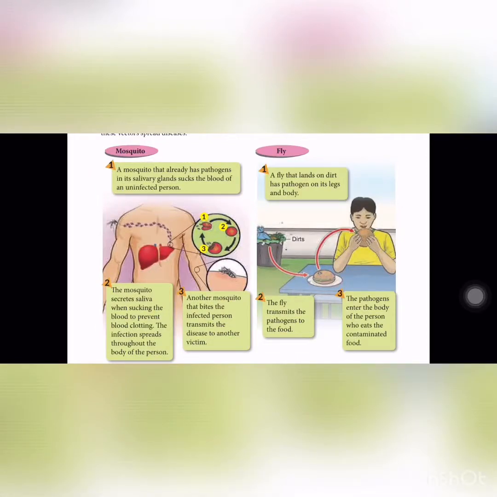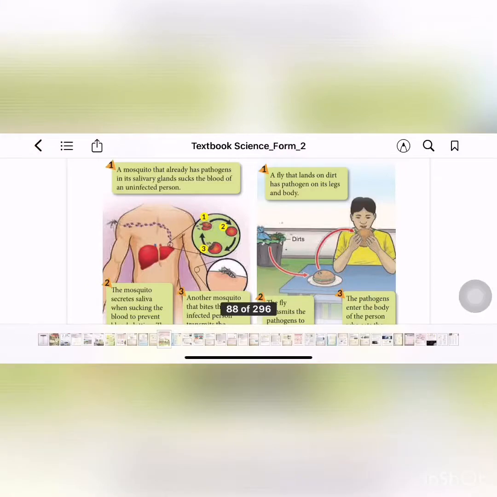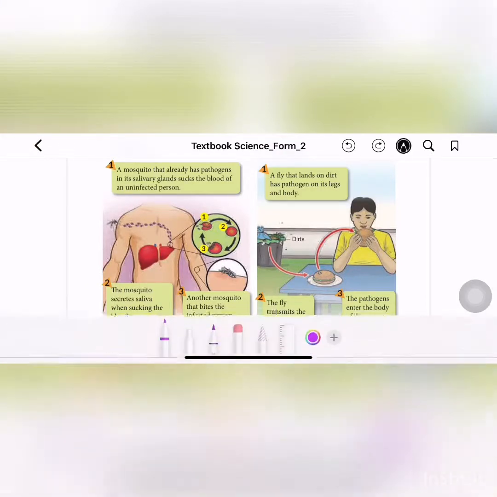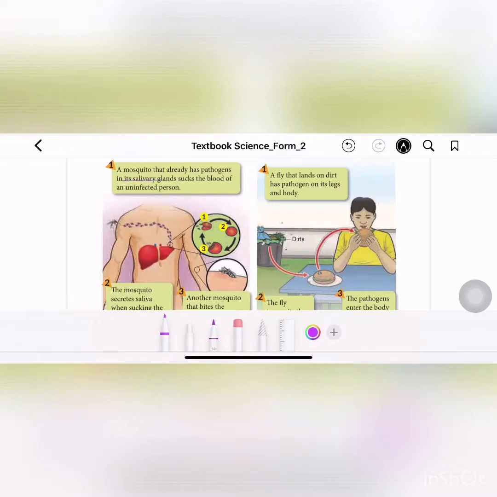So we are talking about dengue virus, dengue fever and dengue virus, which is caused or spread by Aedes mosquito. So here if you see number 1, the Aedes mosquito that already has the pathogen, meaning the Aedes mosquito that already has dengue virus inside its salivary gland will suck the blood of one uninfected person.